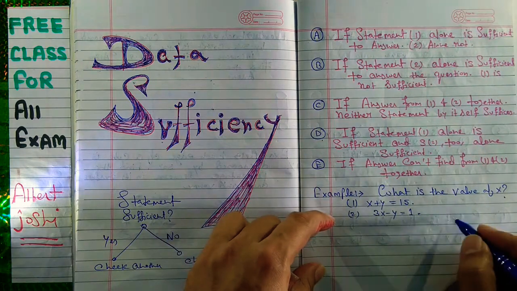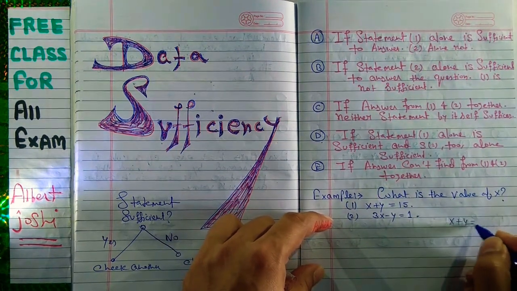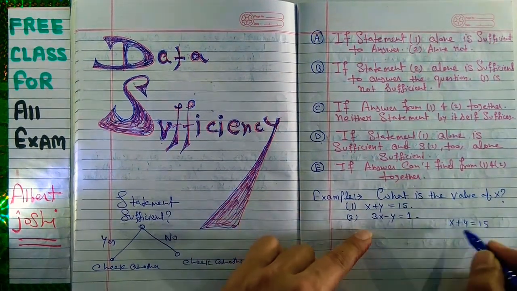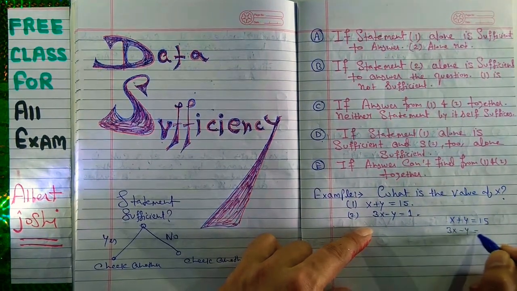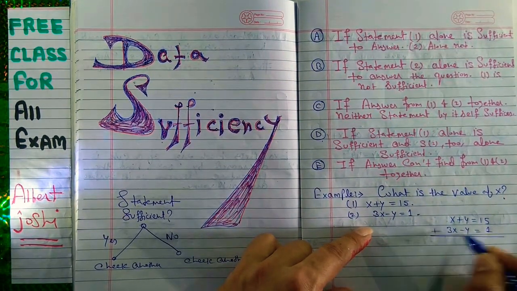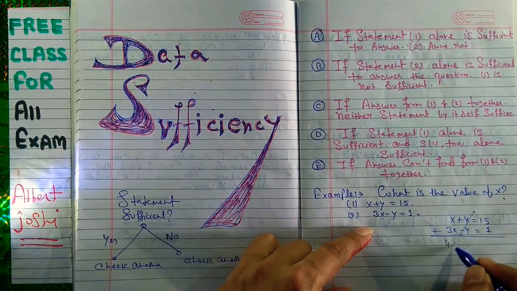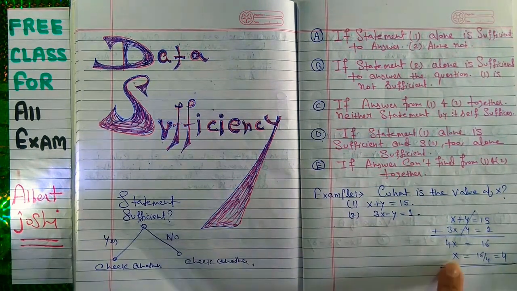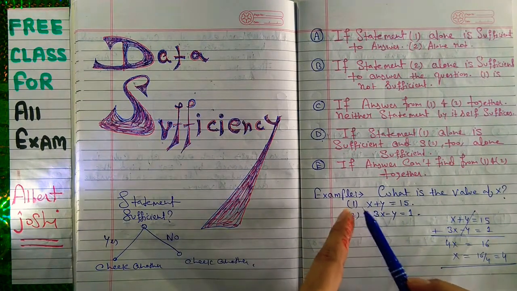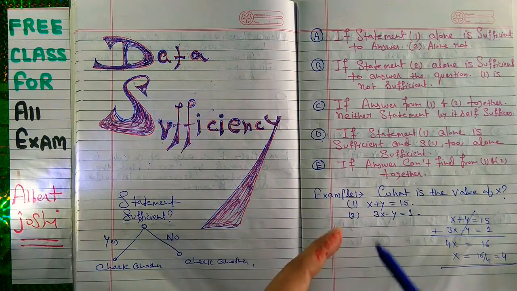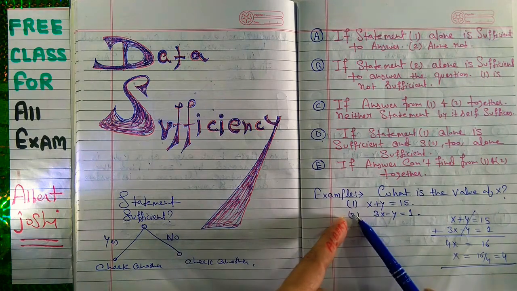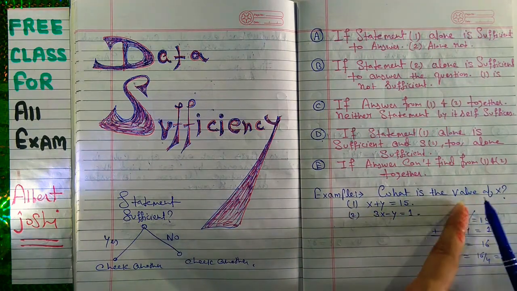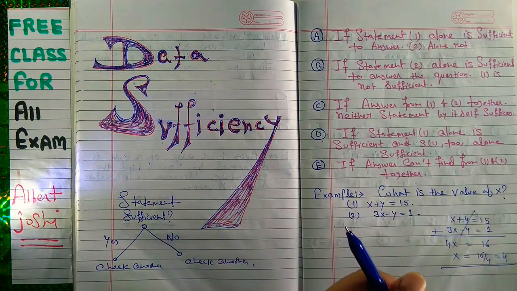Now you can see x plus y is equal to 15 and 3x minus y is equal to 1. If you add both of them, y and y cancel, giving 4x is equal to 16. So x is equal to 16 upon 4, and 4 fours are 16, so the value of x comes 4 with the help of statement 1 and statement 2.